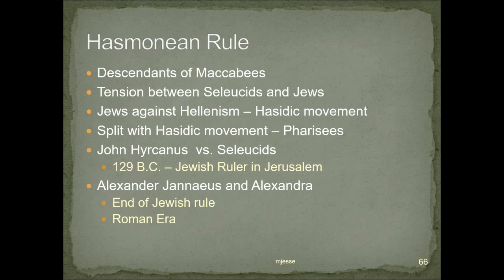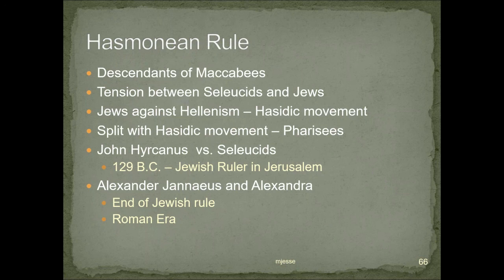Even though they have control of Israel, there are still struggles and tensions between the Seleucids and the Jews. The Jews who are against Hellenism form a pious movement called the Hasidic movement. And the Hasidics actually revolt against the Seleucids, and later on they'll also break from the Maccabees.